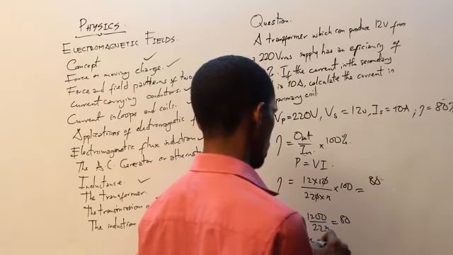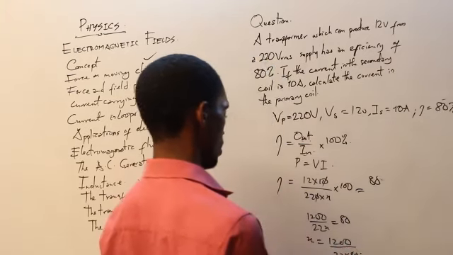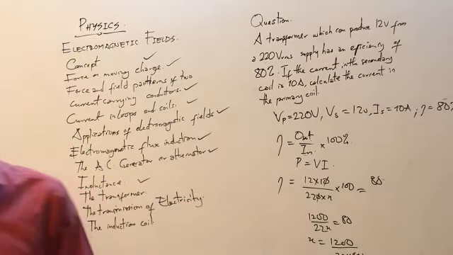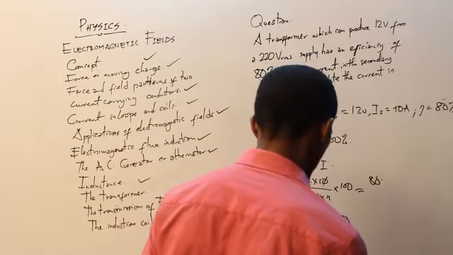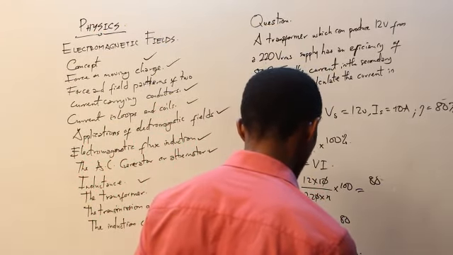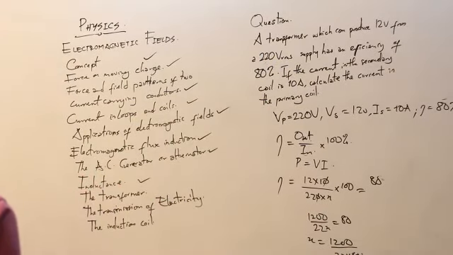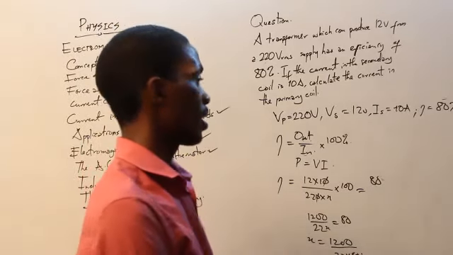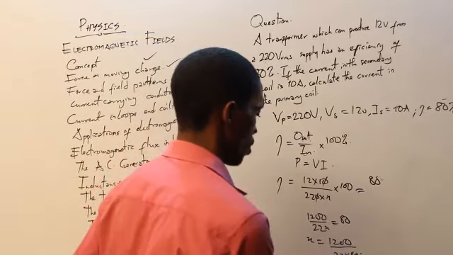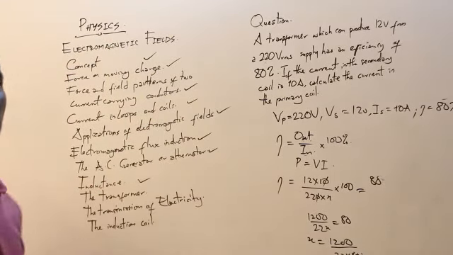So x will equal 1200 divided by 22 multiplied by 80. When we enter the information into the calculator, we'll get 0.68 amperes. So that's the amount of current that is provided by the primary coil.